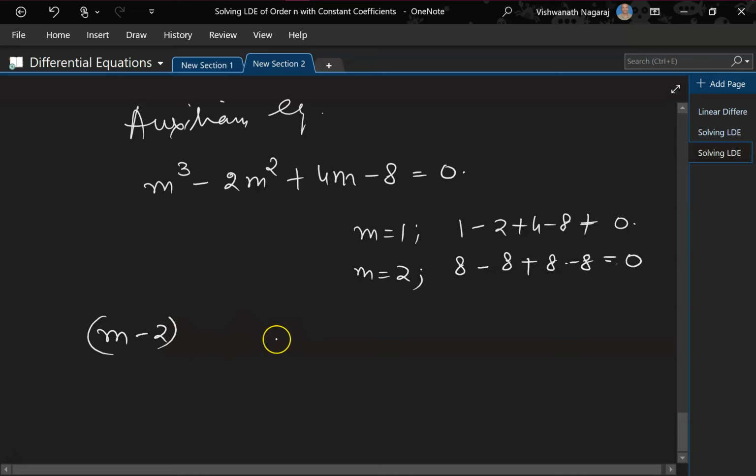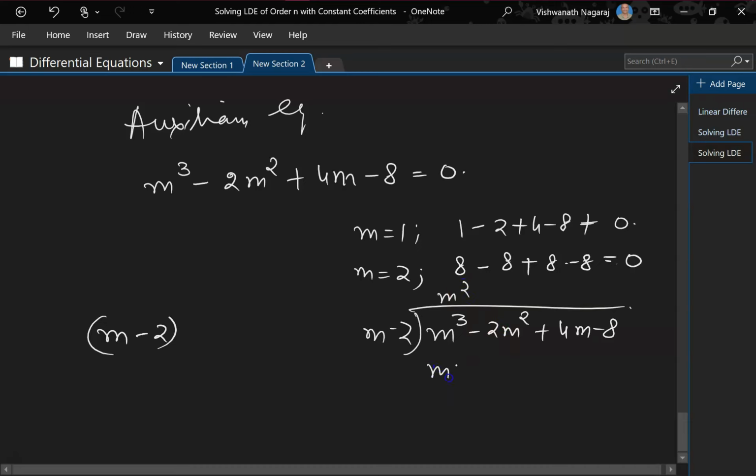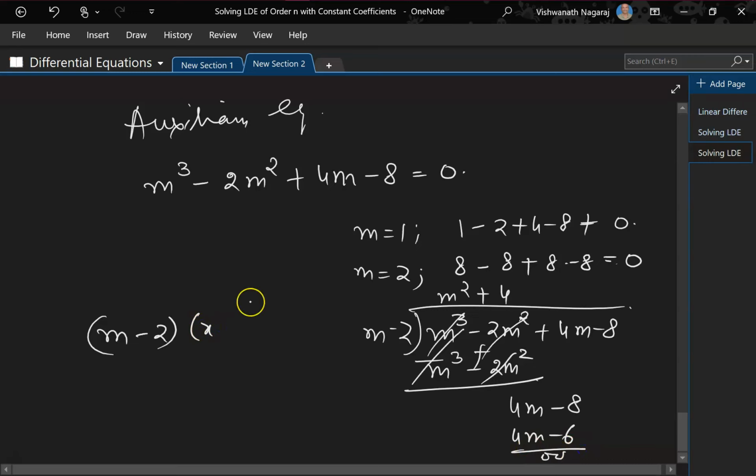To get the other factor, let's divide this by m minus 2. m square, m cube minus 2m square. Let's get 4m minus 8, and here we get plus 4m minus 8. So m square plus 4.